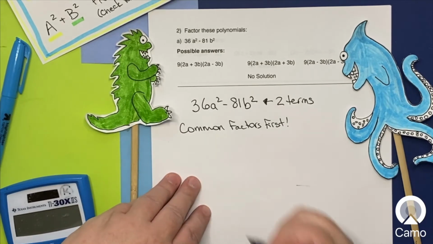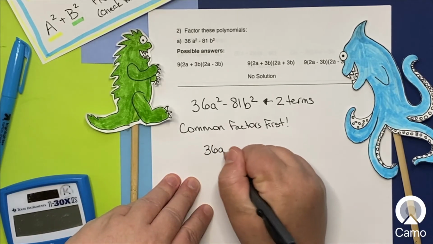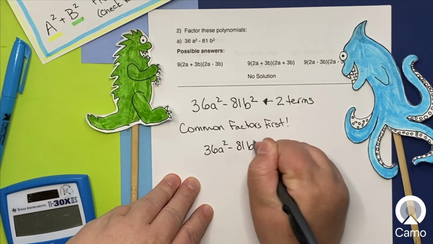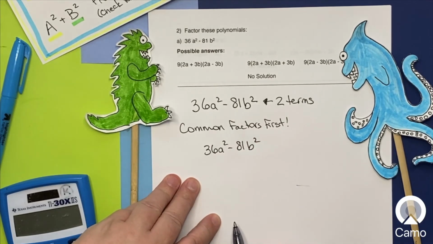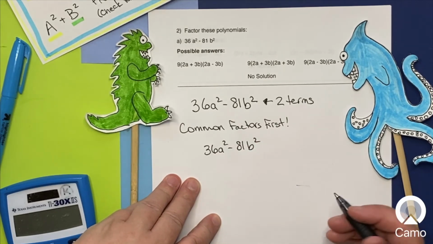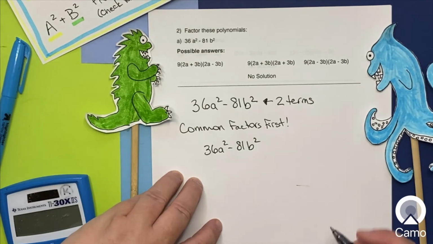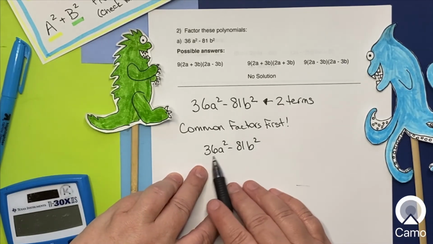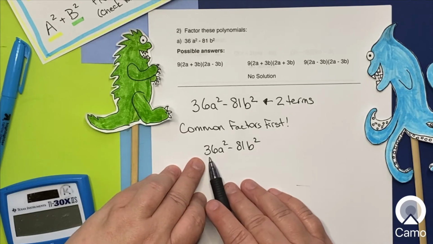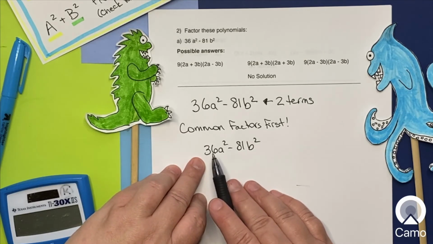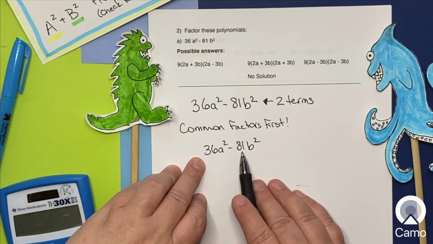Are there any common factors? Well, it turns out that if we think about 36, 36 is 9 times 4, or 4 times 9. 81 is 9 times 9.